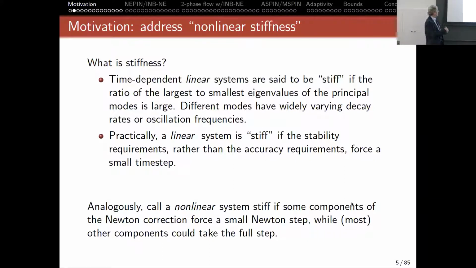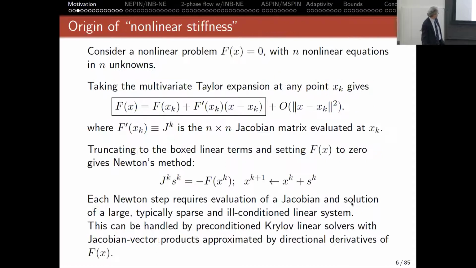You could, from an accuracy point of view, take a much larger time step, but stability restricts you. Analogously, a nonlinear system we call stiff if some components of the overall Newton correction, typically a small number, force a small Newton step for convergence within some robustified Newton solver, while most components could take the full step.